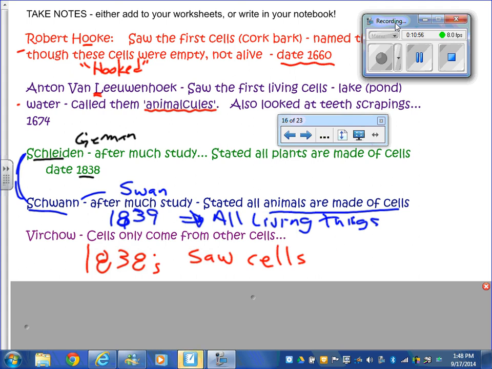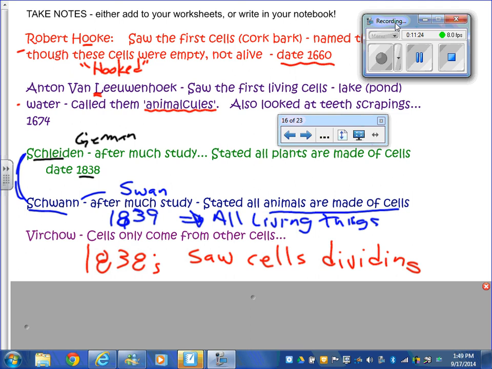Basically they copy the important stuff and then split into two. So he saw cells dividing and basically came up with even these simple single-celled living things come from other living things. They make copies of themselves in a way kind of similar or parallel to how animals reproduce. So Virchow, cells only come from other cells.